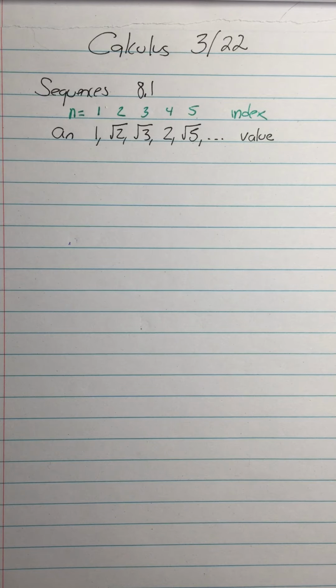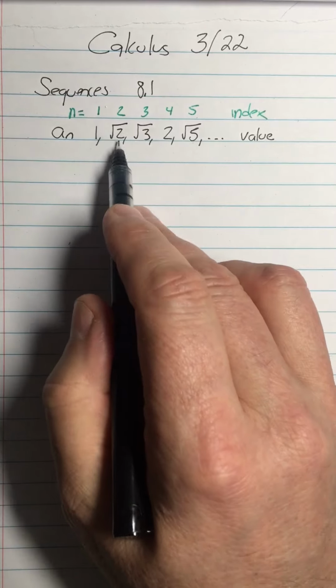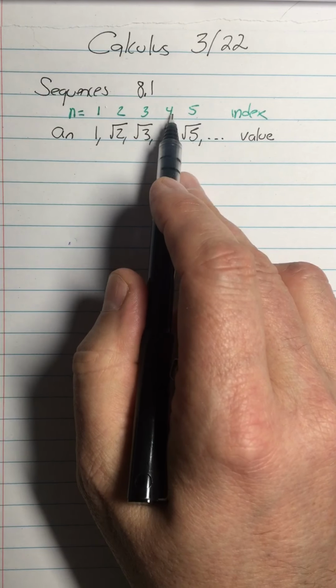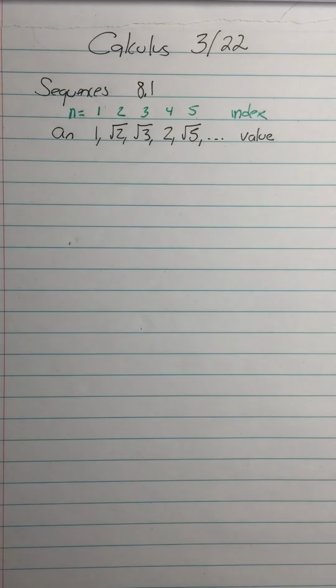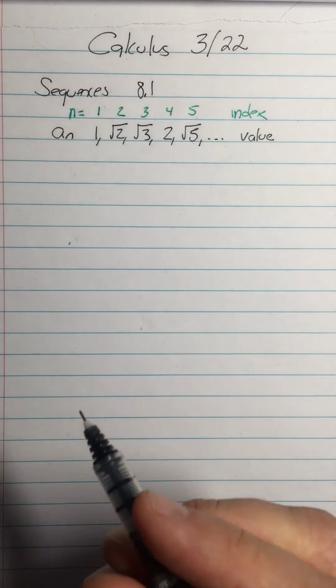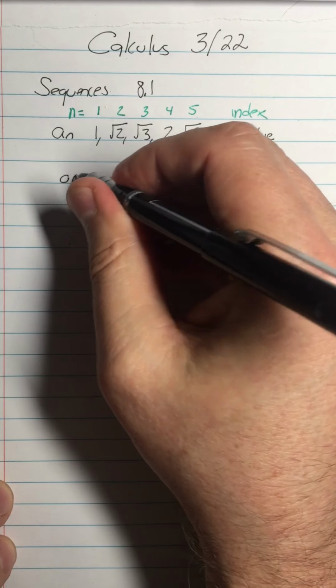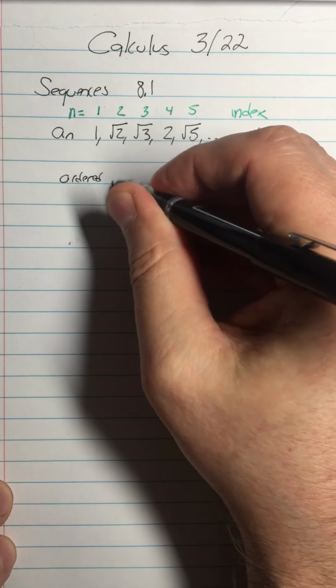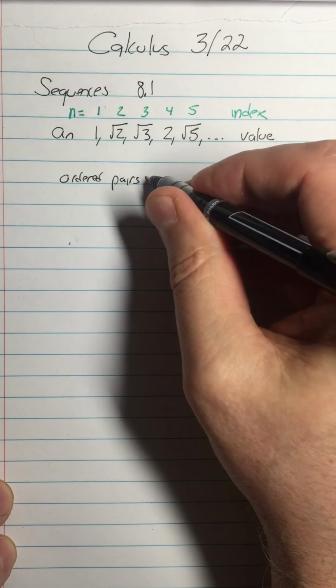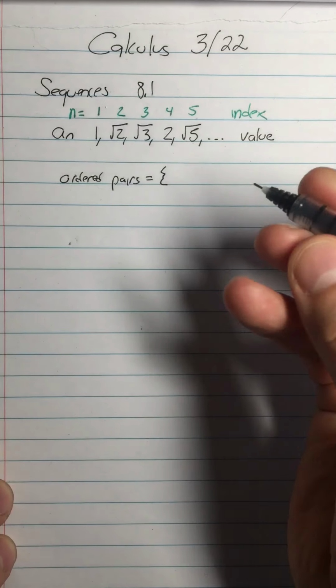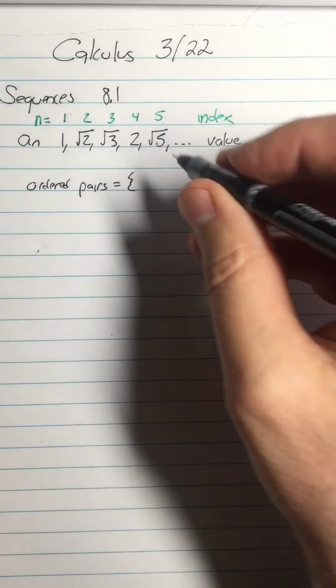So the fact that it's a sequence, it goes in a certain order, that all comes from the association with another variable, which is a natural number, a counting number, 1, 2, 3, 4, 5, that establishes an order in which they occur. So the order is established by another variable. In fact, you could really write these as a set of ordered pairs, and then you could change the order of the ordered pairs, so to speak.